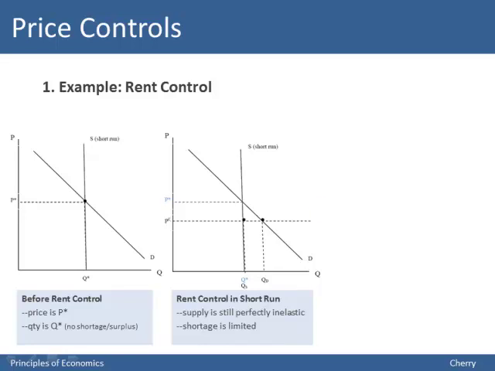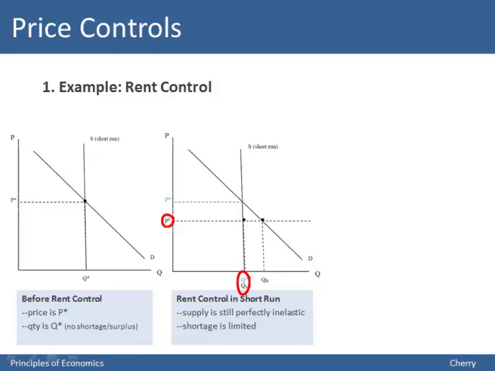So let's impose a price ceiling or a binding rent control. Now everything above this ceiling, PC, is illegal. So it's going to force the price down from P star to PC. What's going to happen is quantity supplied stays the same in the short run. Right? The number of units is not going to change in the short run.